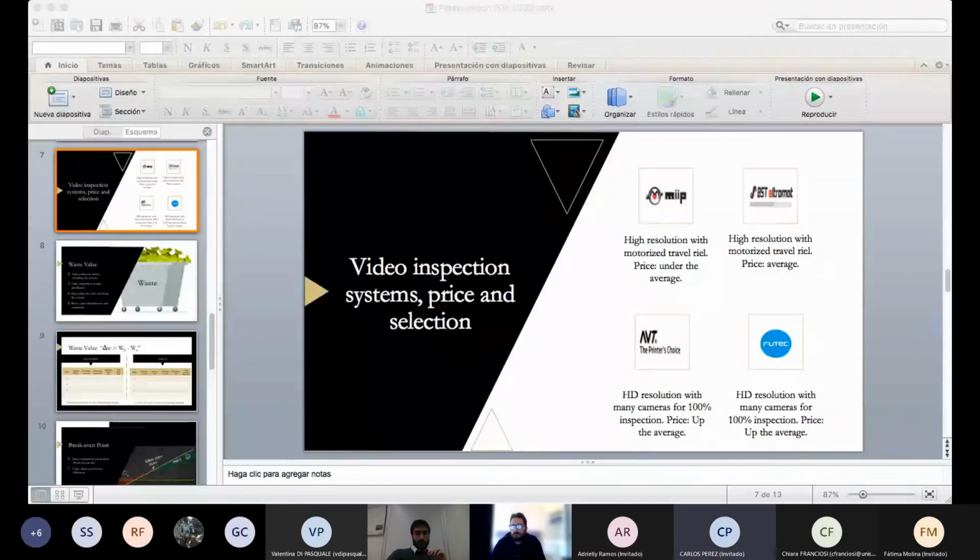Okay. Can you see it now? Yeah, we see the presentation is the same as before. Video Inspection System, Price and Selection.